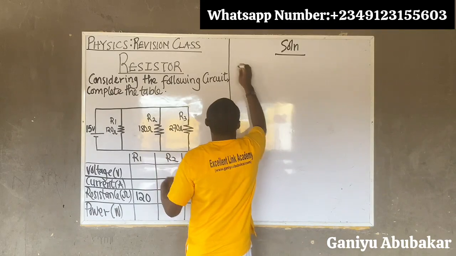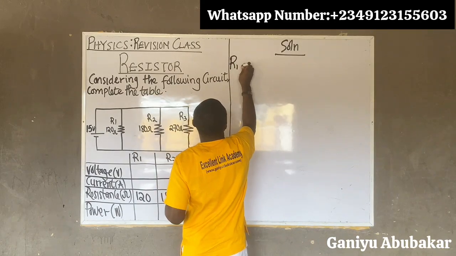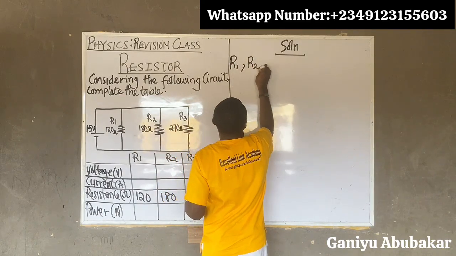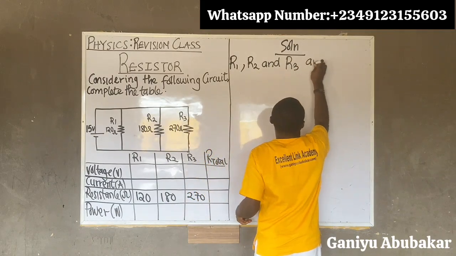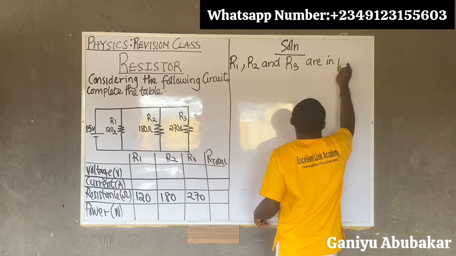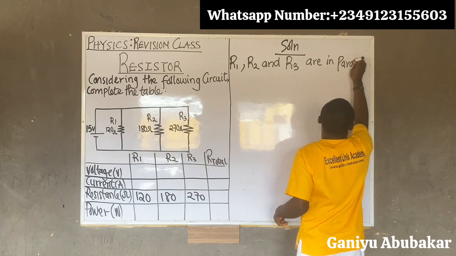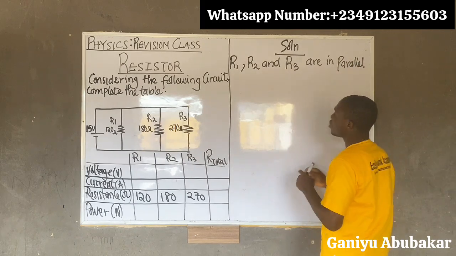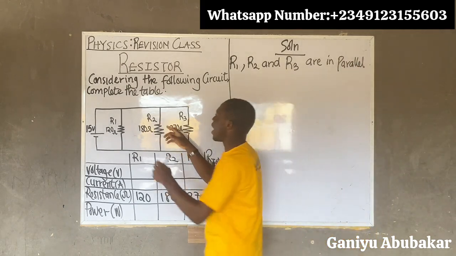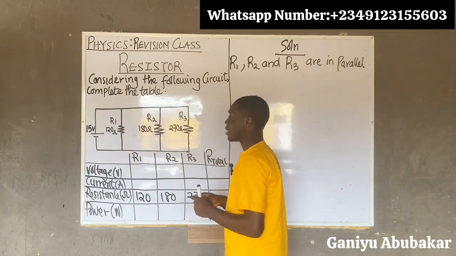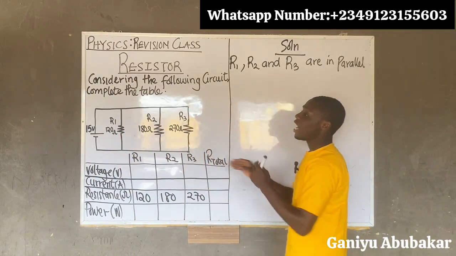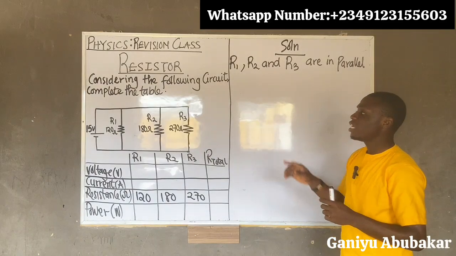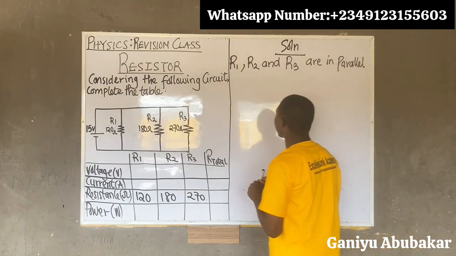So we said that R1, R2, and R3 are in parallel arrangement, a side-by-side arrangement of resistors.